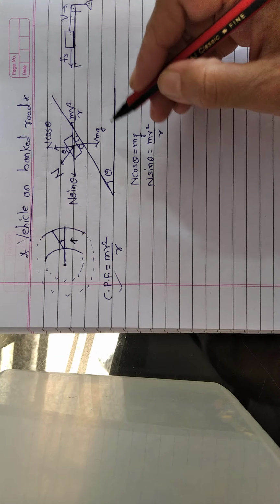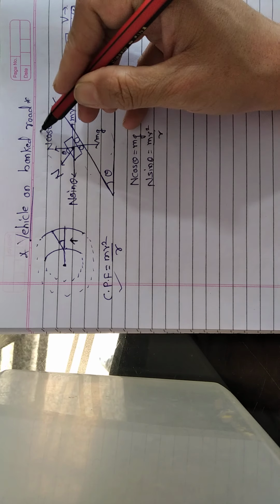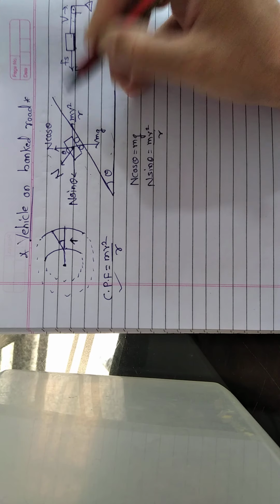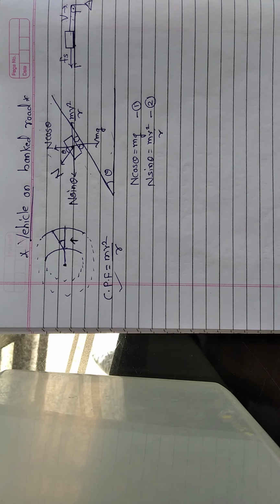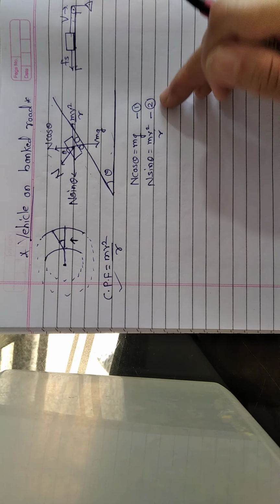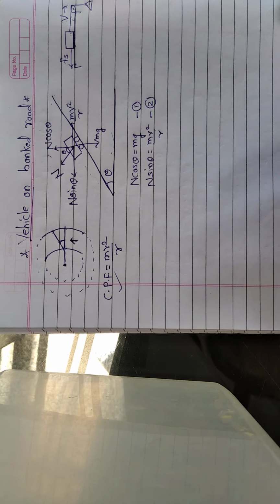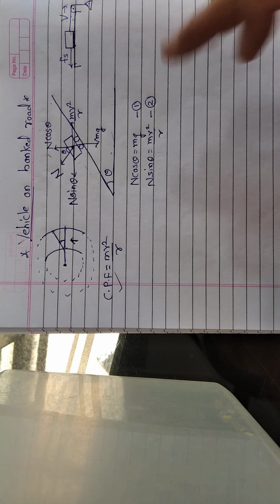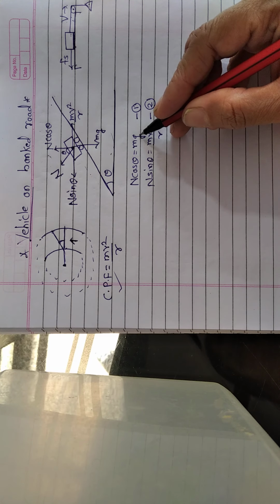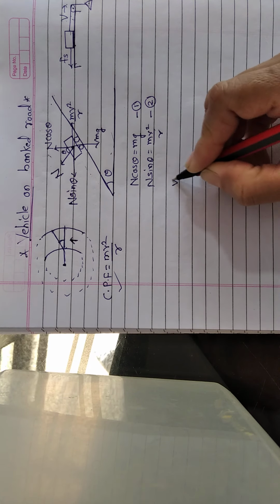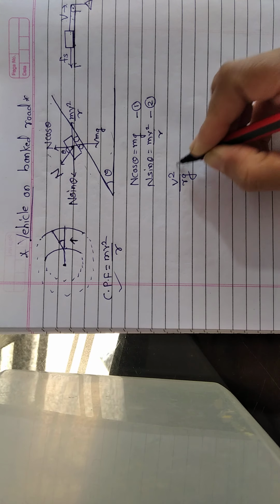You understand how we have written? See, this is the first pair, this is the second pair. Let us consider this equation as 1 and this equation as 2. Now we want to obtain the expression for v, so divide equation 2 by 1. mv square upon r divided by mg, m will get cancelled, so we can write v square upon rg.